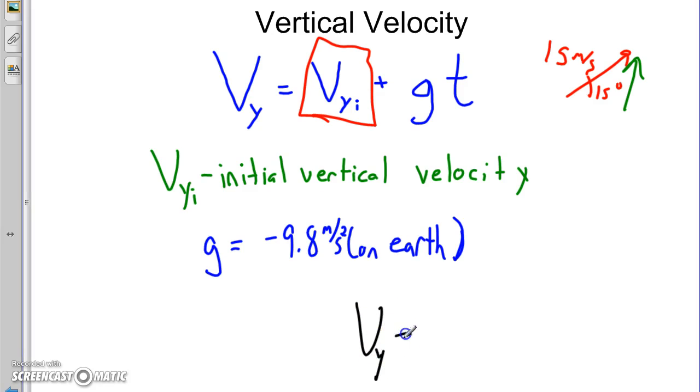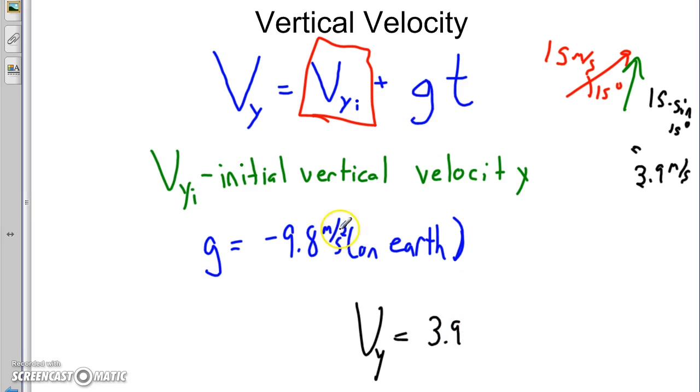Vy would be equal to Vyi, which was my component. To find this, I'll write it out. It was 15 times the sine of 15 degrees. And when you plug that in, rounded, you got about 3.9 meters per second. So this is going to be 3.9 plus gt.